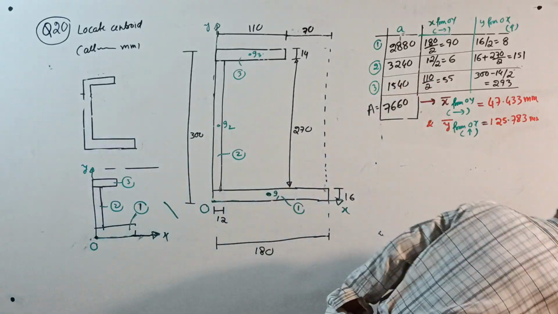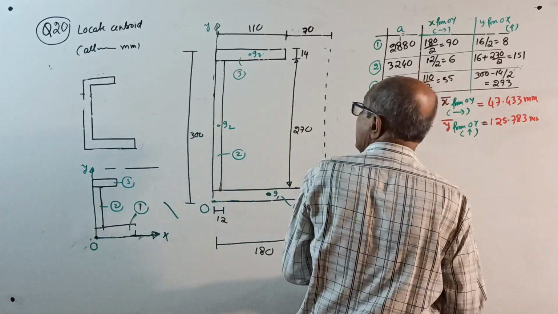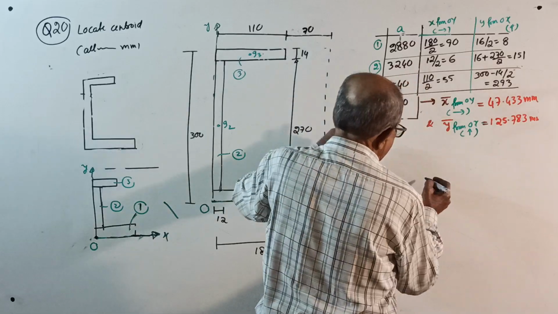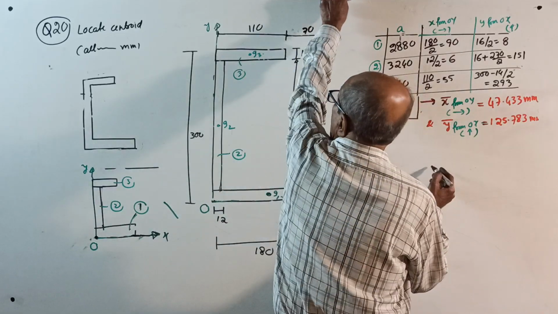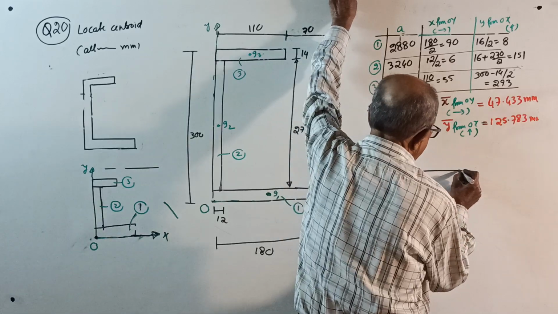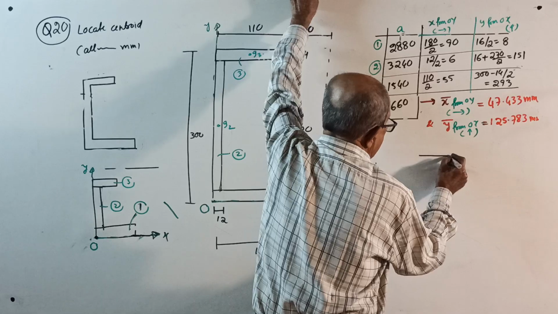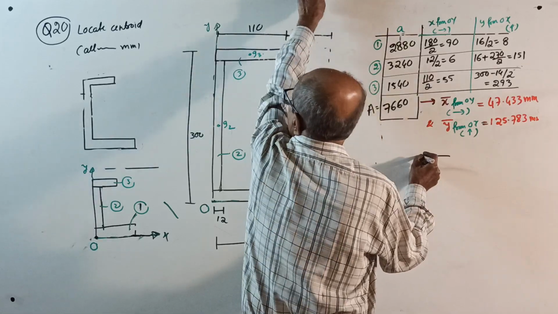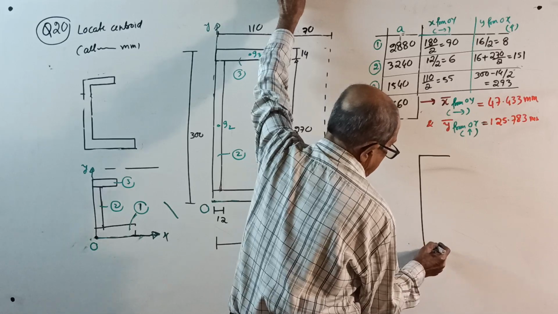Neatly I can write here. Then somewhat to scale, mark whatever is given: 110, 110, this is 300 and 180.